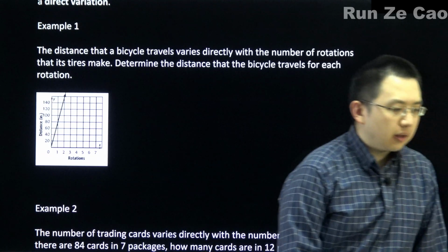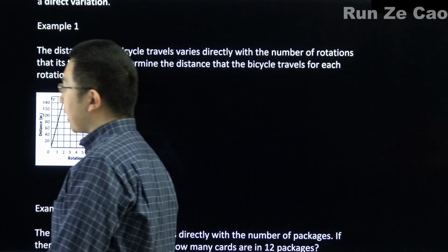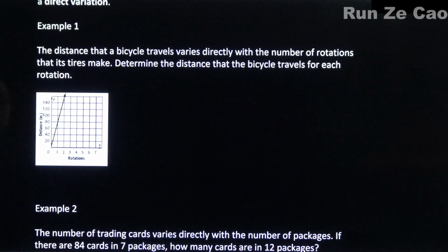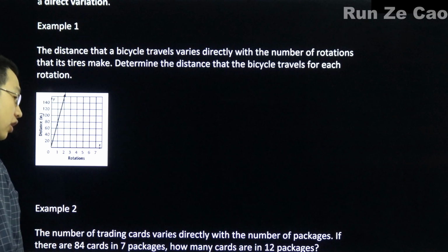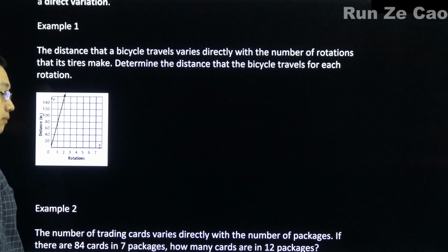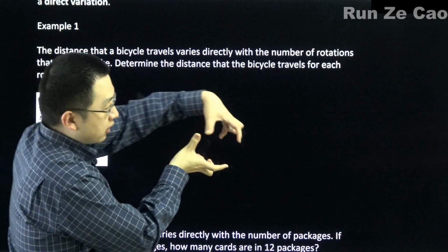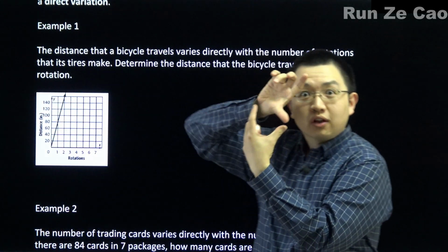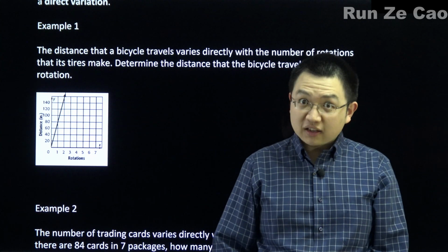The distance a bicycle travels varies directly with the number of rotations its tires make. Yeah, you would hope so. Otherwise, either you started counting rotations sometime after the bicycle started moving, because one circumference of its wheels should always be in contact with the ground, and where it's in contact, the wheel is stationary with respect to the ground.